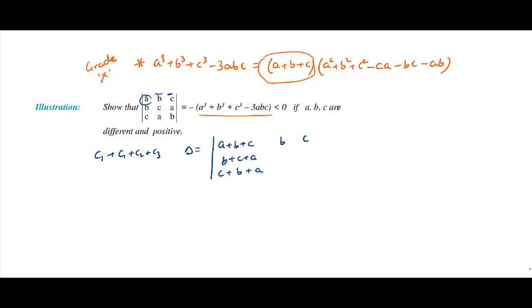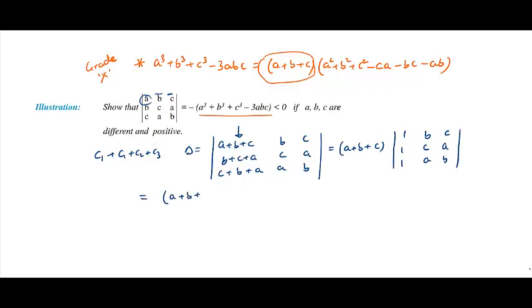Remaining 2 columns we will leave as they were, a b. Now again, exactly like the previous question, what you find is that the first column contains identical elements. So let's take a plus b plus c common from here. You get a plus b plus c times 1 1 1 b c a c a b, and this is again same as a plus b plus c.